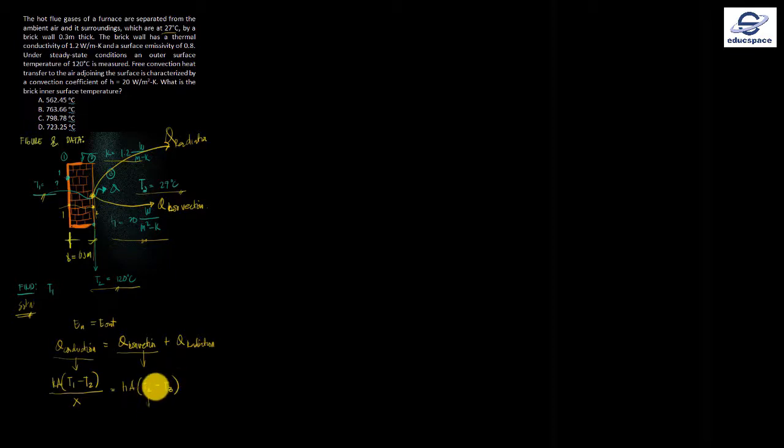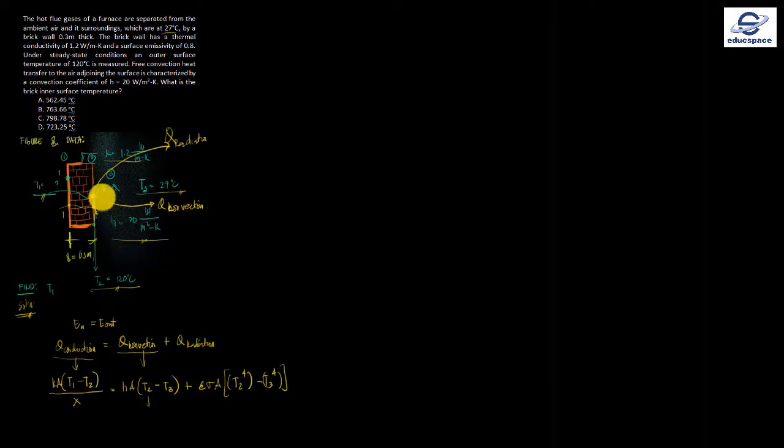Again, T2 is the surface temperature here, 120 degrees Celsius, plus the radiation: emissivity multiplied by the Stefan-Boltzmann constant multiplied by the area multiplied by the absolute temperatures to the fourth, so T2 to the fourth minus T3 to the fourth.